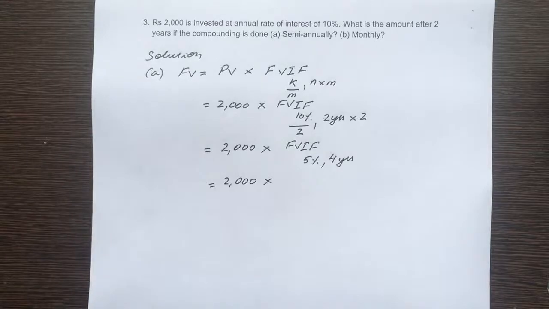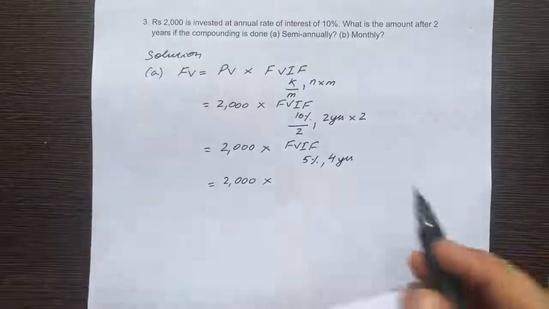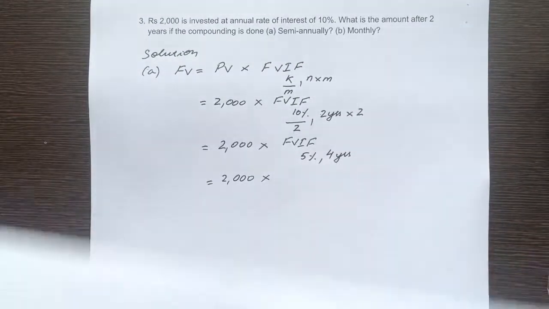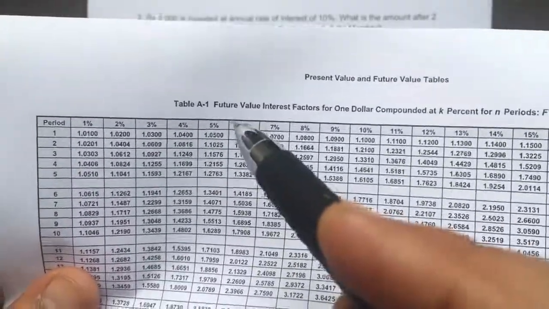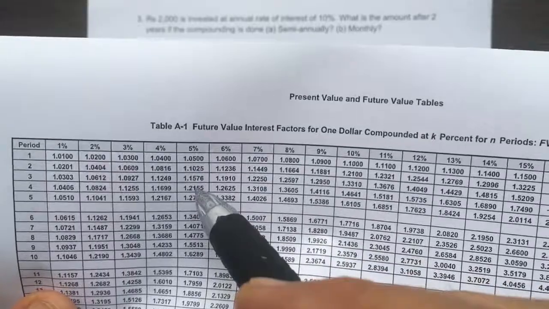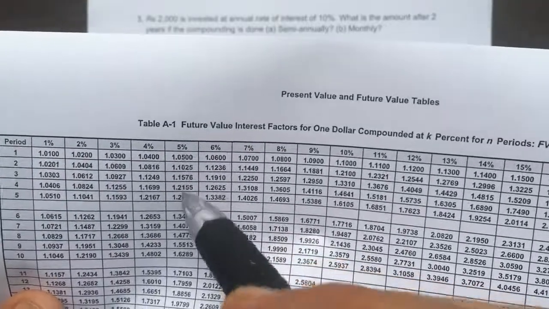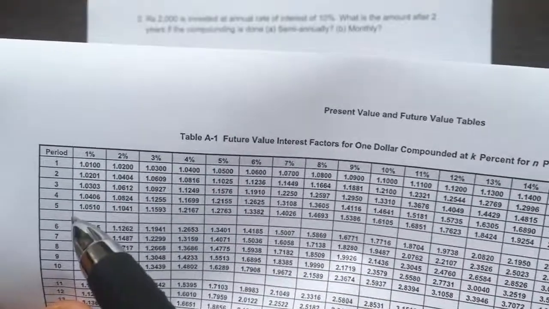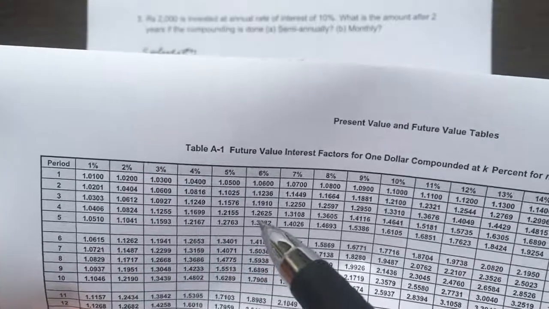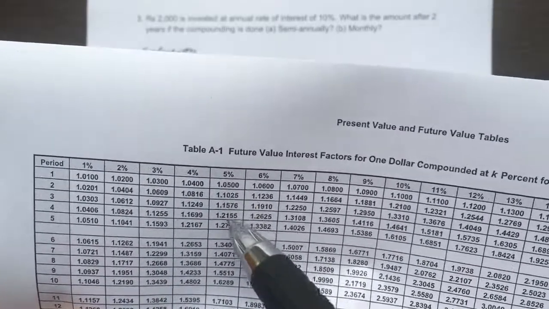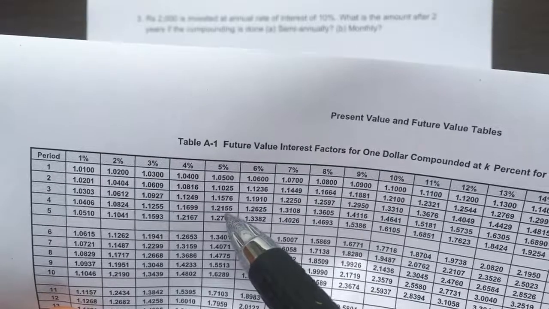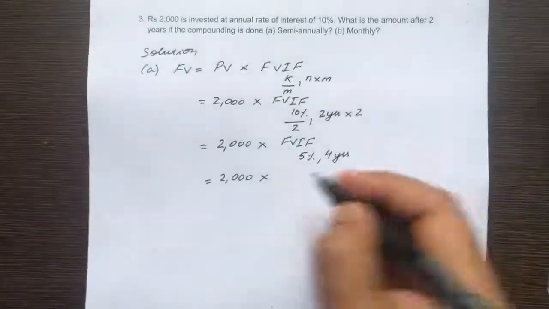Okay. So let's look at the table. Now what is the rate of interest? 5%, 4 years. So look at the table. What is the value that corresponds to 5% and 4 years? 1.2155.